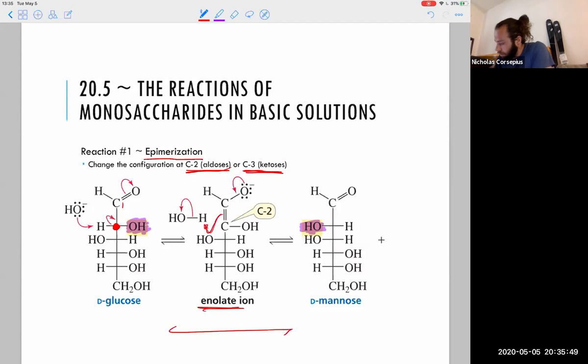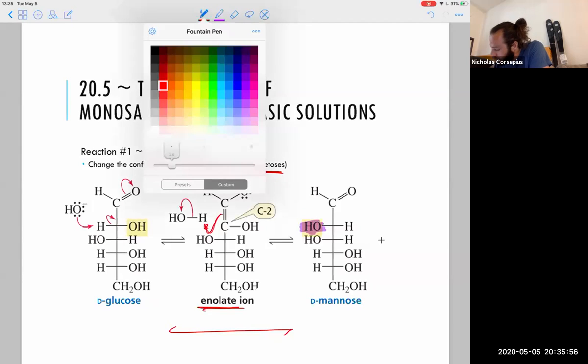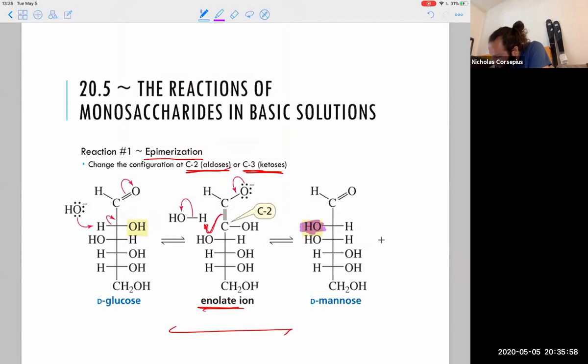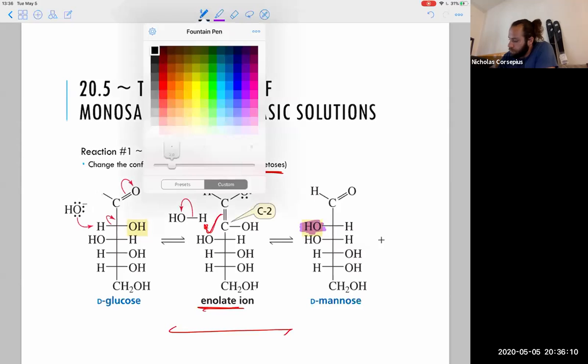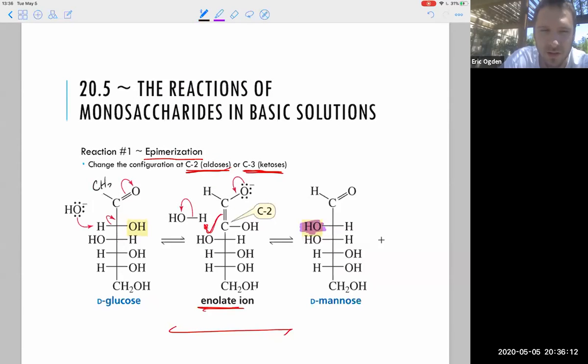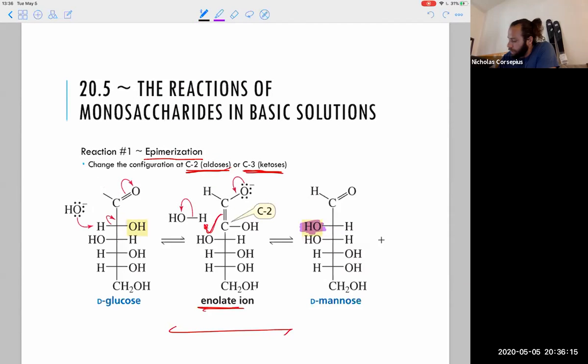All right, so I'm gonna do some erasing and try to drive a point home here. Right, so then the big difference, if this was a ketose, this wouldn't be a hydrogen, but what would it be? So the difference between an aldose and a ketose, right, is I'm going to take this hydrogen and erase it.